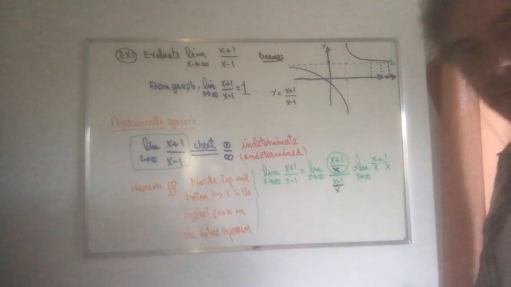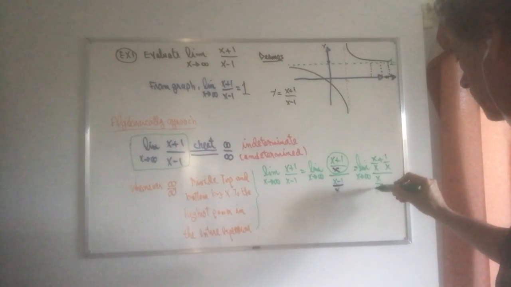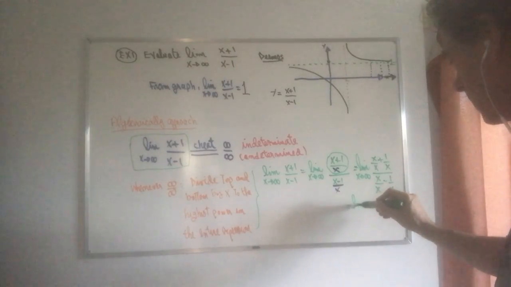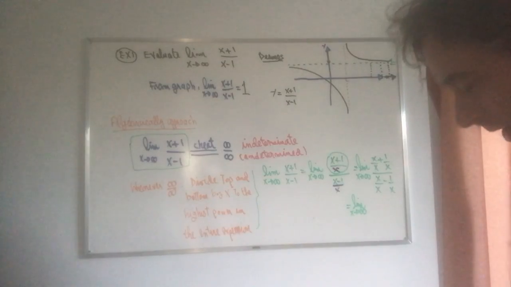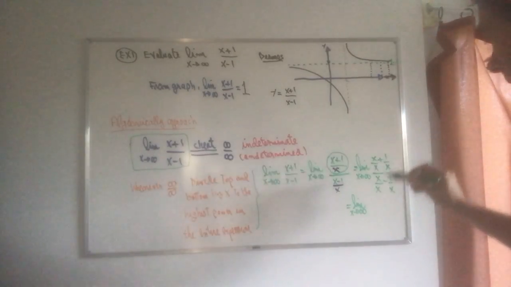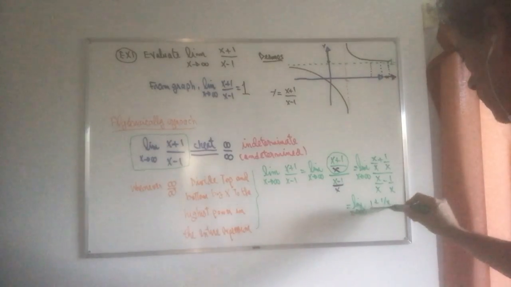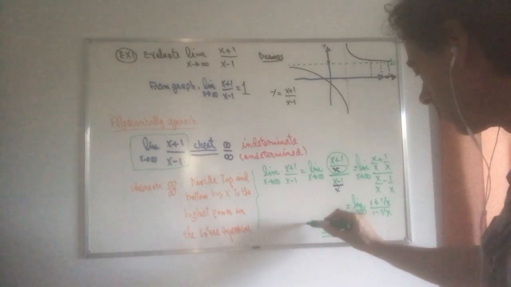I can give the denominator to each of the elements in the numerator. This is x over x minus 1 over x. This is then the limit. I painted myself into a corner here. Will I have enough room to finish this problem? x over x is 1, plus 1 over x, over 1 minus 1 over x.